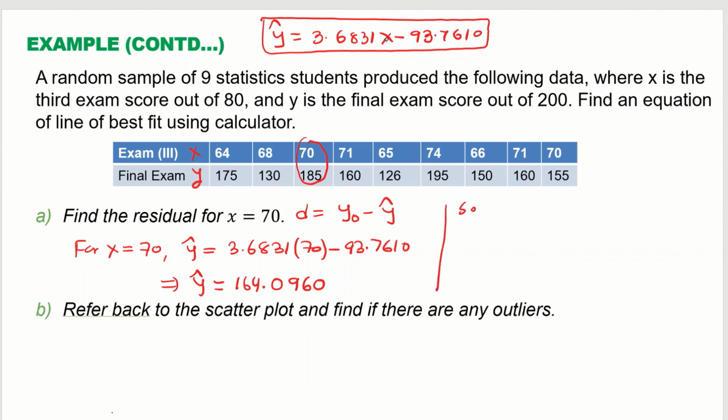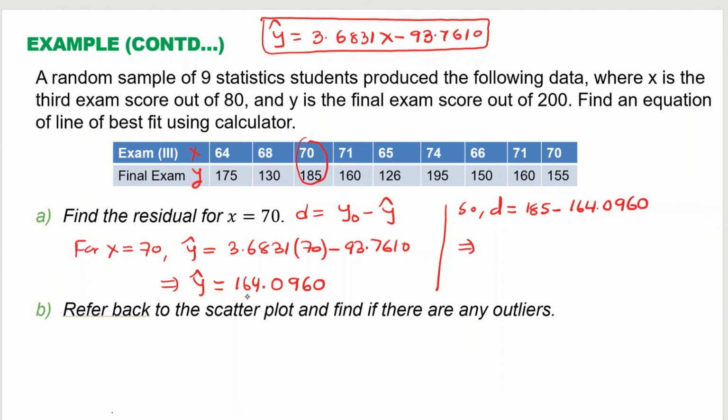So your residual will be equal to the observed value, which is 185, minus the predicted value, which is 164.0960.